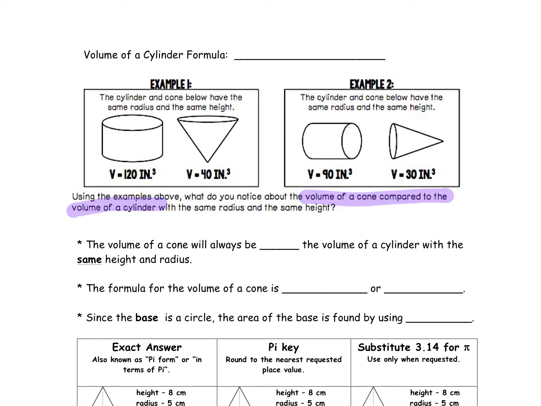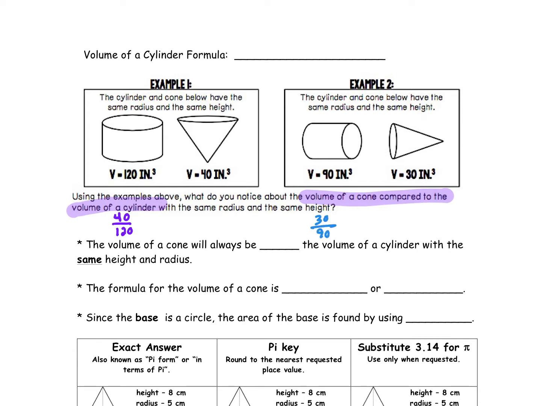So what I noticed is they mentioned the volume of the cone first compared to the volume of the cylinder. And since they mentioned the word comparison, I'm going to compare the volume of the cone, which is 40 in this example, to the volume of the cylinder in this first example. And then I'm going to look at the volume of the cone in the second example, which is 30, compared to the volume of the cylinder.